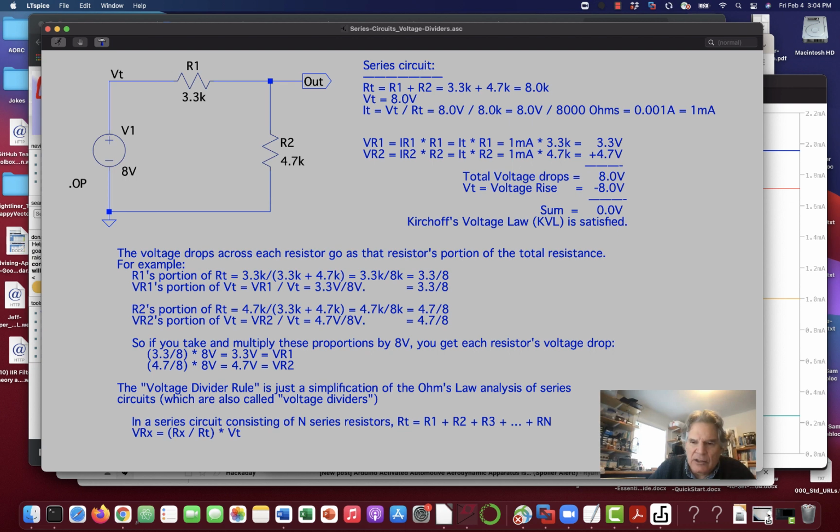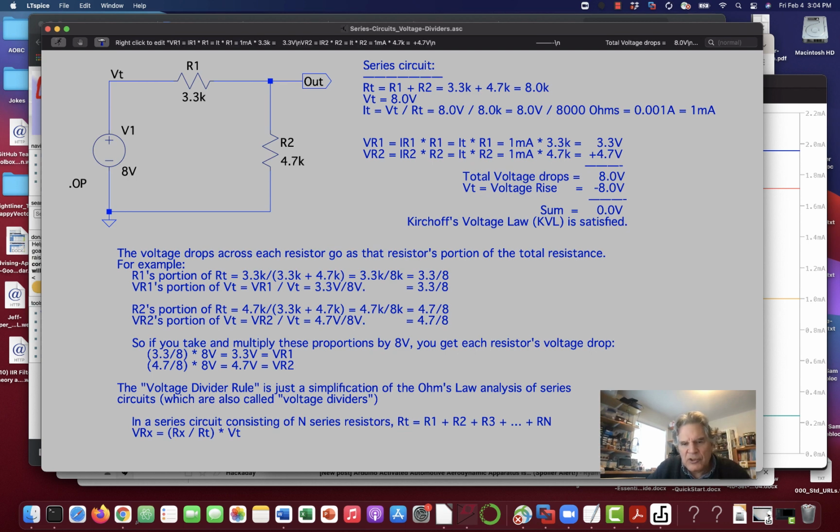If not, and you're moving through your circuits, it's not going to save you a ton of time, but it does capture the gist of the idea that bigger resistors in a series circuit have more of the voltage across them. Smaller resistors have less of the voltage across them. And of course, all that voltage around that loop has to add up to 0, adding voltage drops and voltage rises. That's Kirchhoff's voltage law.